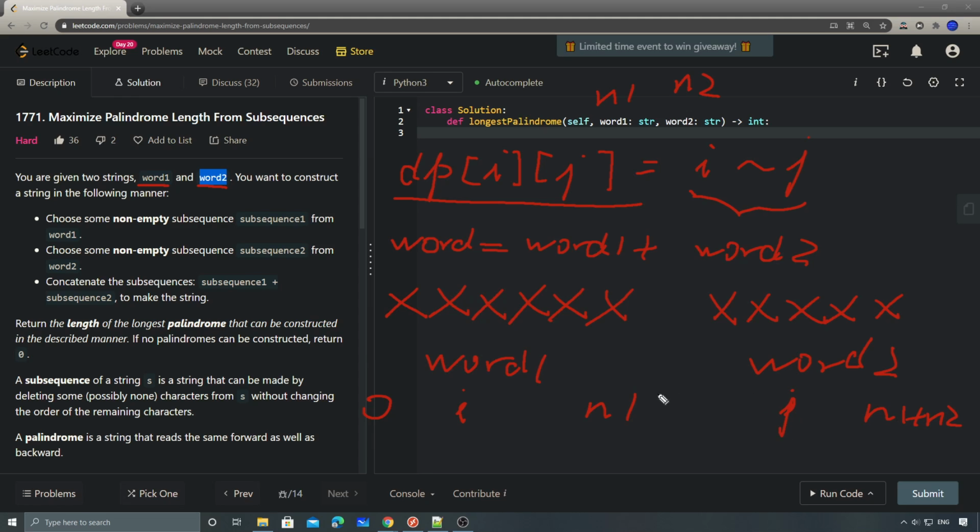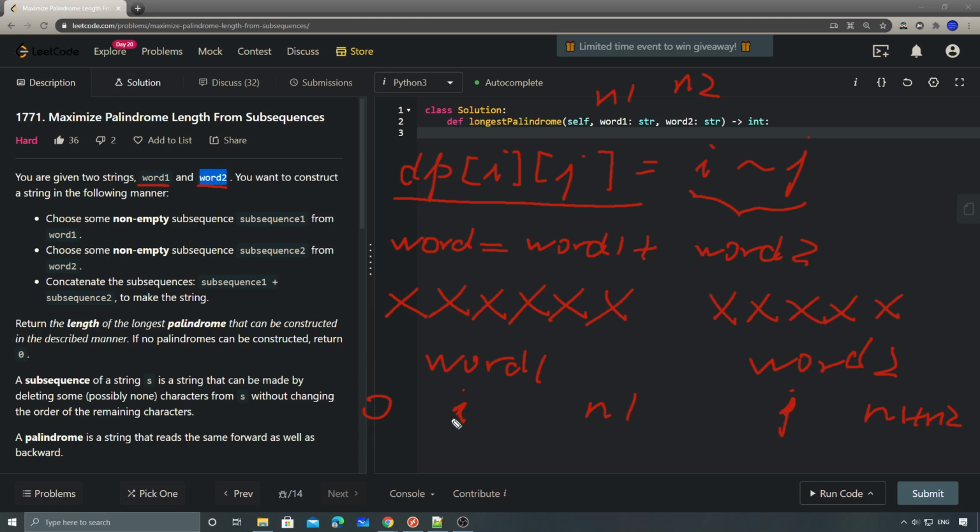we know we're sure there will be a subsequence with letters from both word 1 and word 2. Which means we just need to enumerate all the possible combinations for both i and j within these two ranges here.